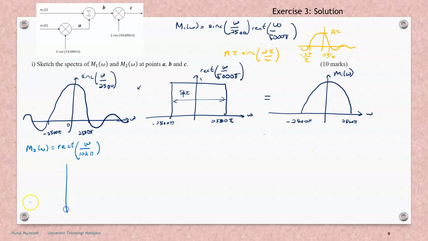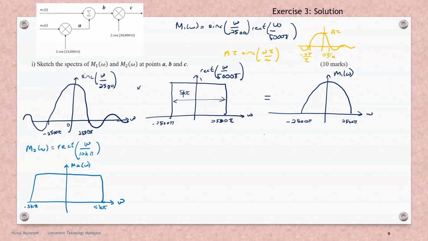From here we can draw M2 omega. This one should be from negative 5k pi to 5k pi, because the denominator here indicates the width of the rectangle function. So this is M2 omega, and this is omega.